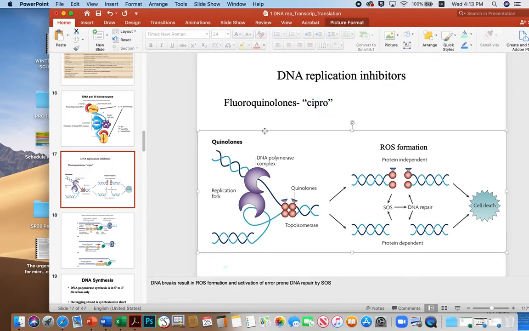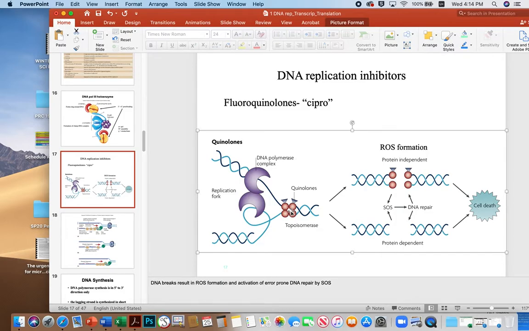The antibiotic will bind to topoisomerases. So here you see two replication forks, and here's a DNA polymerase complex and another one. And so these things are moving along, replicating. And the topoisomerases are required to create strand breaks, and so in the process of unwinding the DNA, you have to make breaks in the DNA and then reform those breaks.